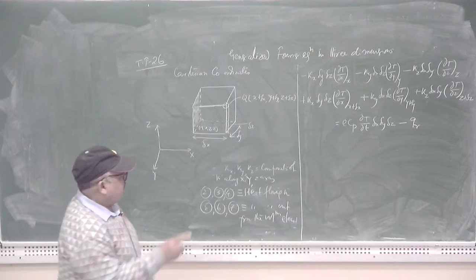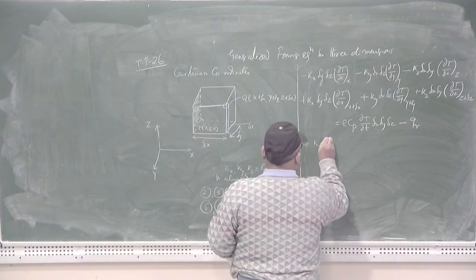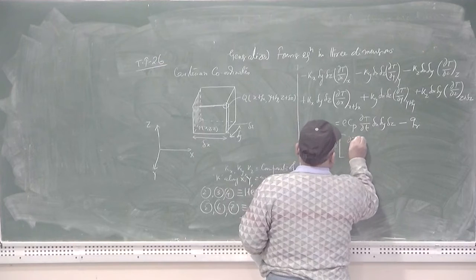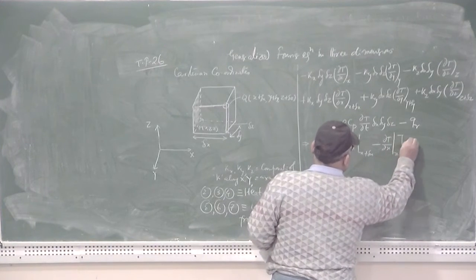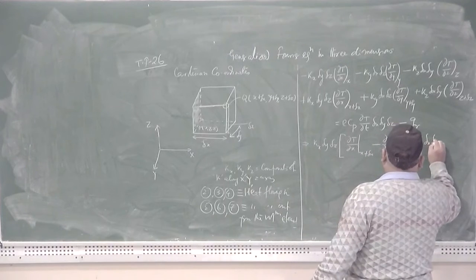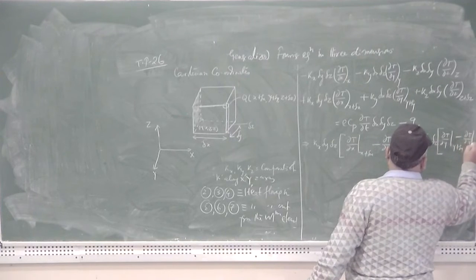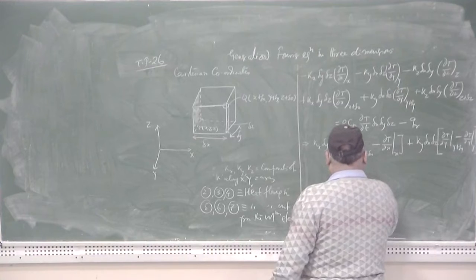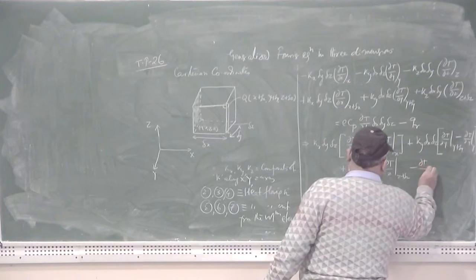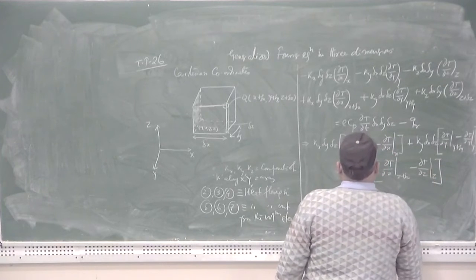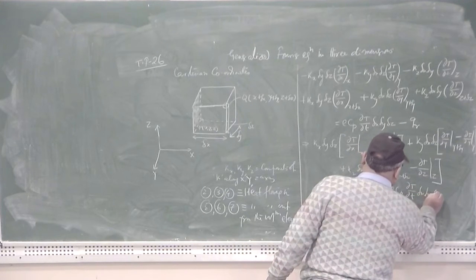QR, right. So dividing the whole expression, or you can say move one step forward, kx delta y delta z plus this, that should be equal to rho Cp delta T by delta t into delta x delta y delta z minus QR.